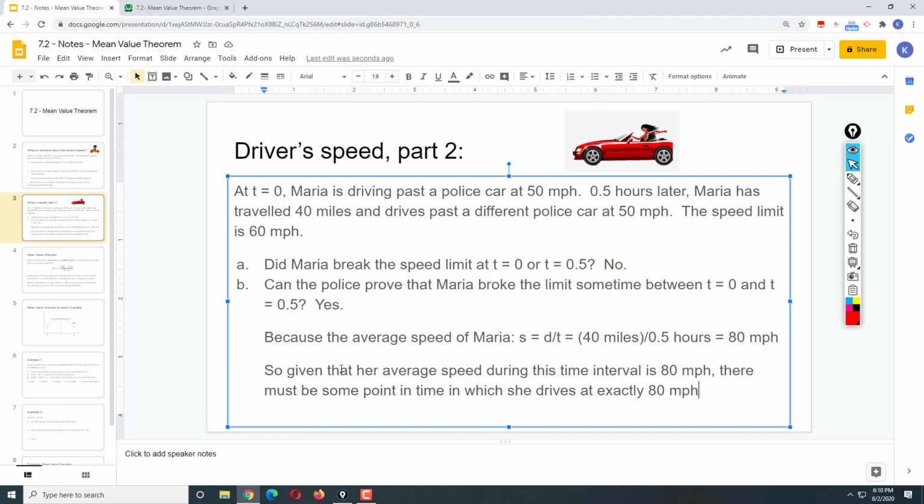But again, we know that if she drives slower than 80 at some point, she must drive higher than 80 at some point. And if her speed cannot take jumps, the function is continuous and differentiable, no jumps, then it must be passing through 80, which is what we learned in our last problem. So there must be some point in time in which she drives at exactly 80. So yes, Maria broke the speed limit. Okay.